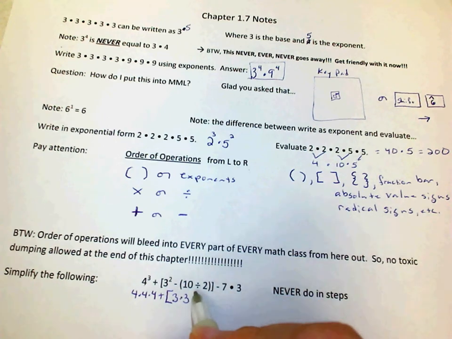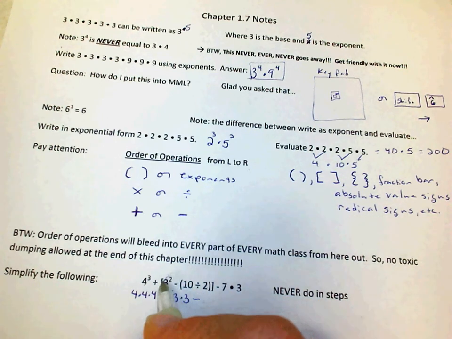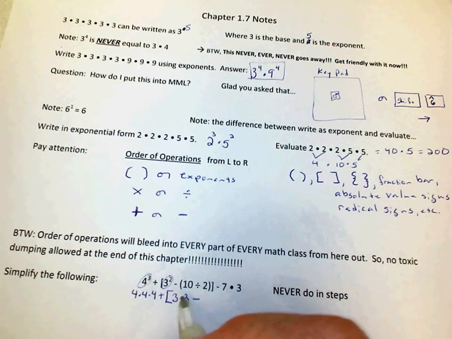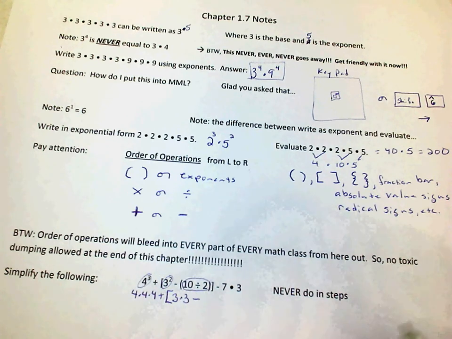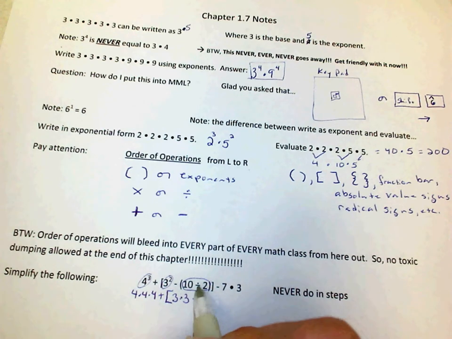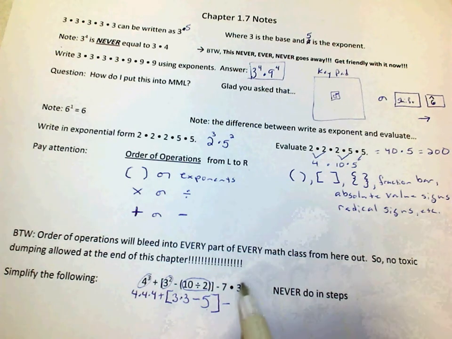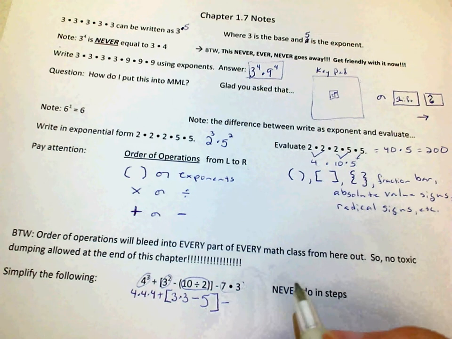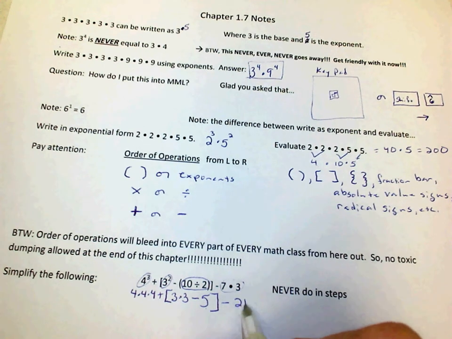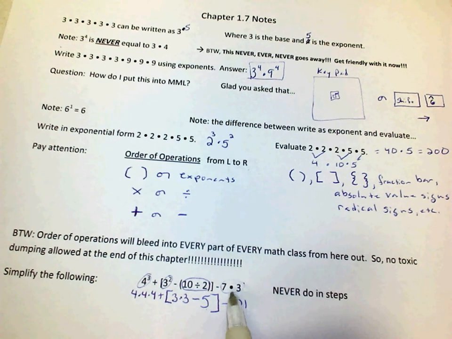And because these are separated, I can do them at the same time as I do this one. 10 divided by 2 is 5. Now because everything in this parenthesis is circled, I can get rid of the parentheses. Now I bring my bracket down and then minus, and 7 times 3 is 21. Again, I can do this because it's separated.